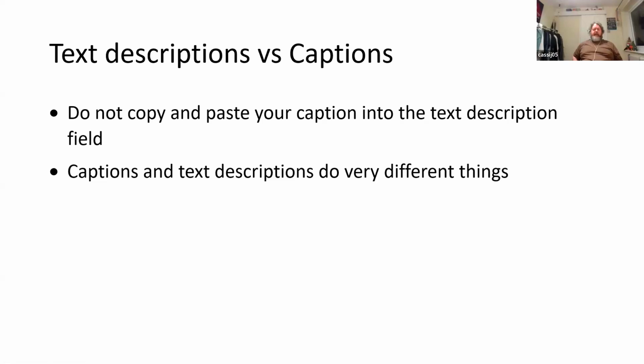But what that means is sometimes people will just take the caption and copy and paste it, and other news organizations do it as well. A lot of times you will just get the file name. As a screen reader user, when you go over an image, you just get the file name. They haven't even bothered to put anything into it. So do not copy and paste that. That is one of my big, huge bugbears. Please do not do it.